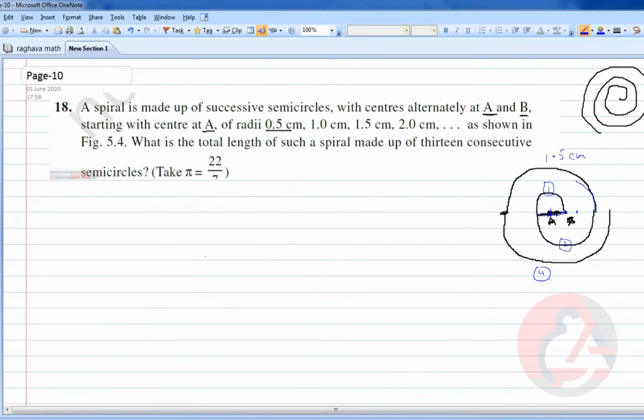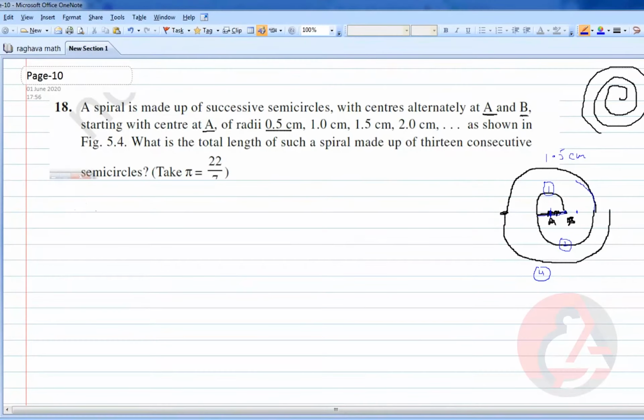What he is asking is, find the total length of the spiral. So the total length of the spiral is the length of the first semicircle plus the length of the second semicircle plus the length of the third semicircle. What is the formula for a semicircle? Semicircle means half of the circle.